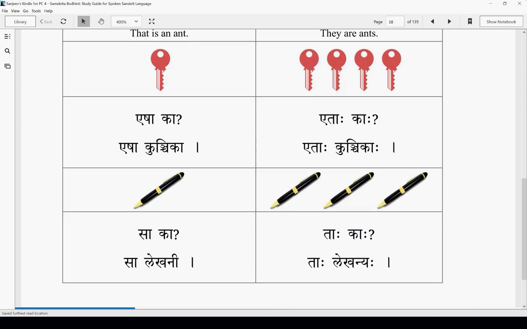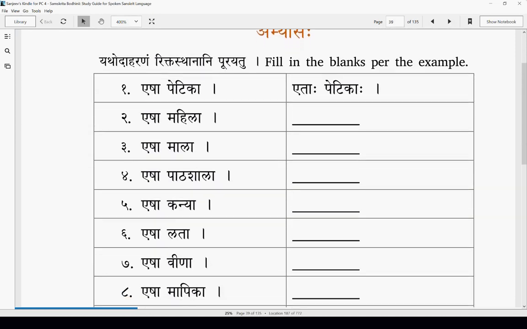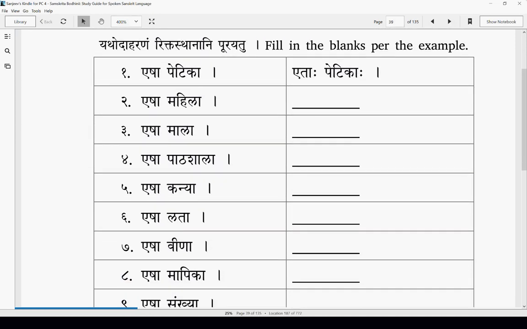All right. So the next one we have some exercises. Who wants to go, Reena? Sure. Esha petika. Etaha petikaha. Esha mahima. Eta mahimaha.